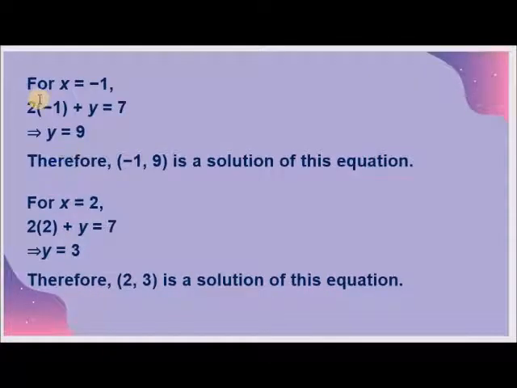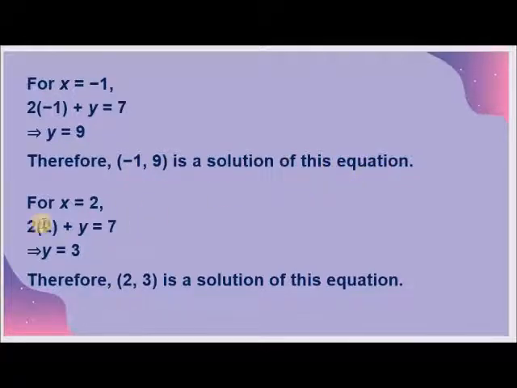Then for x equal to minus 1, we are putting the value of x as minus 1. So 2 into minus 1 plus y is equal to 7. So this is equal to minus 2, and if this shifts over this side of equals to, then it becomes positive. So y is equal to 7 plus 2, which is 9. Therefore, (minus 1, 9) is a solution of this equation.